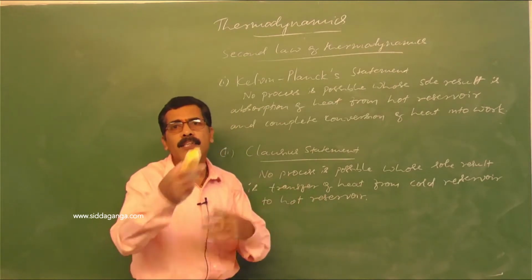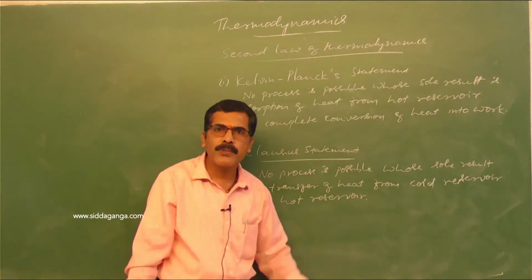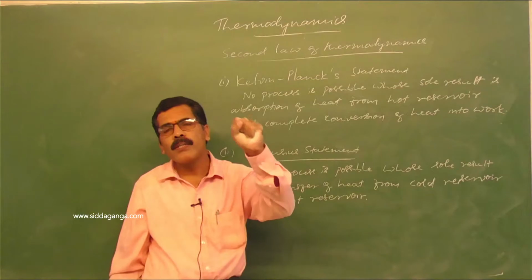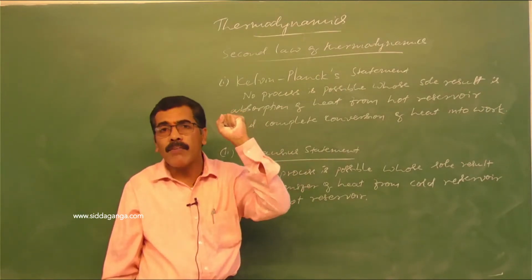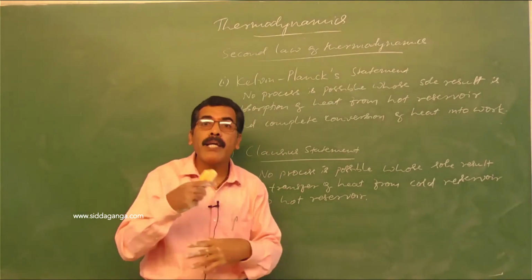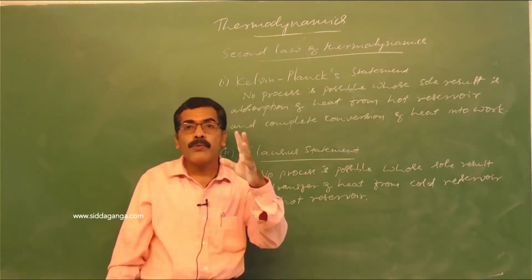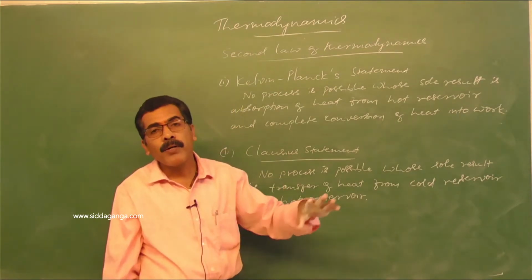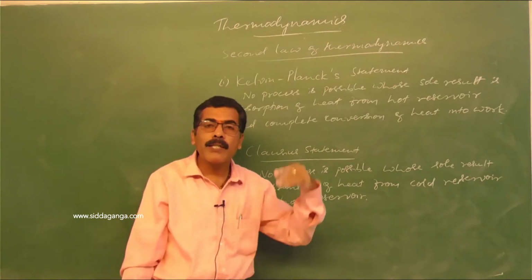There is another way of putting the same statement. It is impossible for a self-acting machine unaided by an external agency to continuously transfer heat from a body at lower temperature to a body at higher temperature.